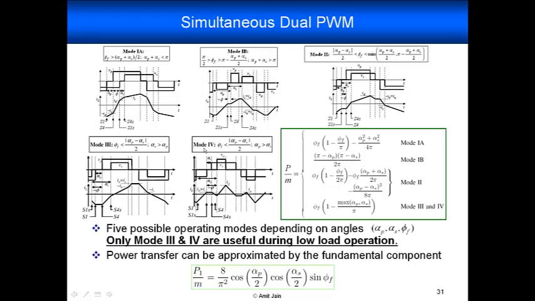So if the primary referred VDC2 value is less than VDC1, then mode 4 is useful only at low powers. Mode 3 is useful when M is greater than 1, and again it's useful only when the power transfer level is quite low.